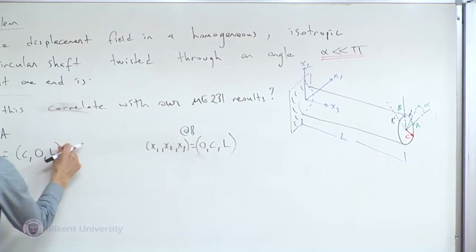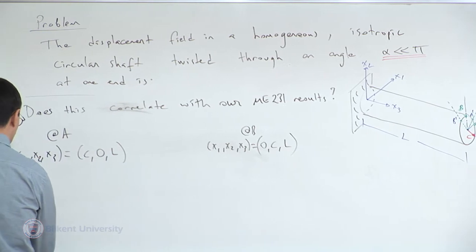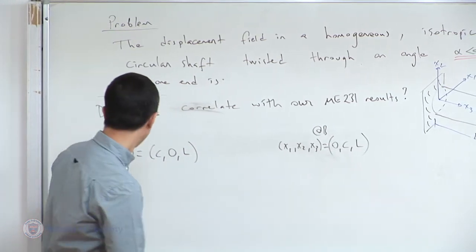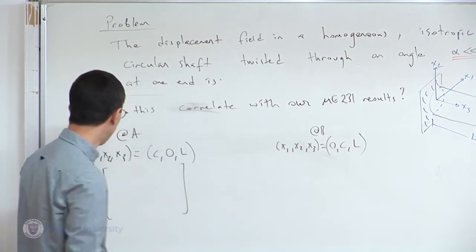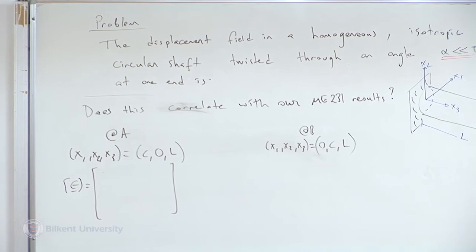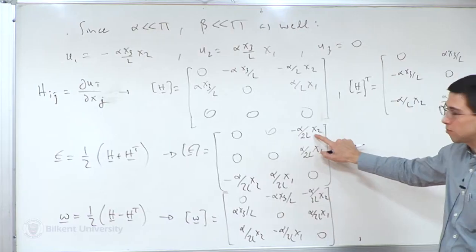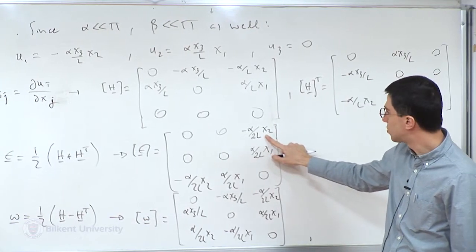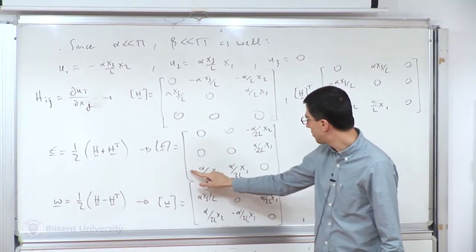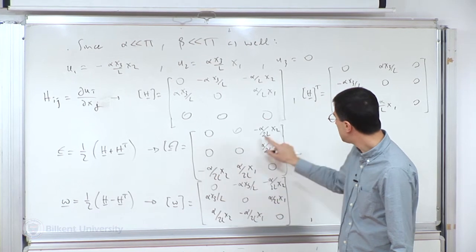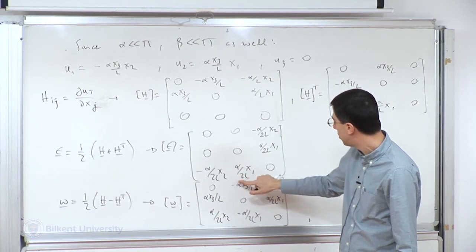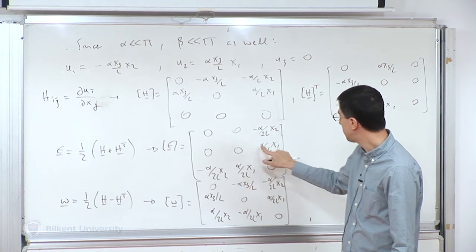And for these 2 cases, let's have a look at the strain matrix epsilon. For instance, at A, (c, 0, L), x2 is 0, so at point A this entry is 0, and this entry is therefore also 0. x3 is equal to L, so I have alpha over 2.